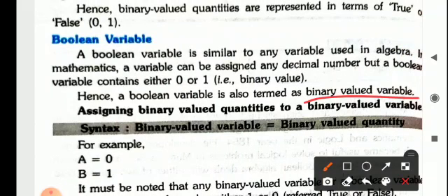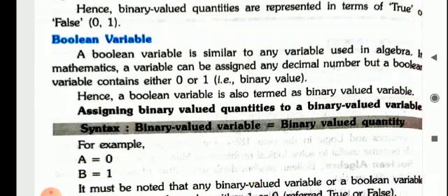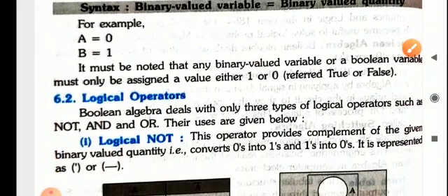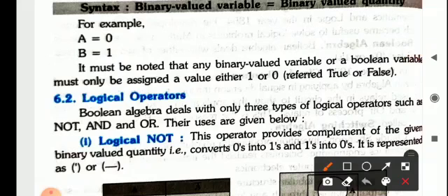Why binary valued? Because in the truth table the input was binary digits only, a combination of 0 and 1. The syntax is: binary valued variable equals binary valued quantity, like a = 0, b = 1. We have to take the value as 0 or 1 only, no other values.